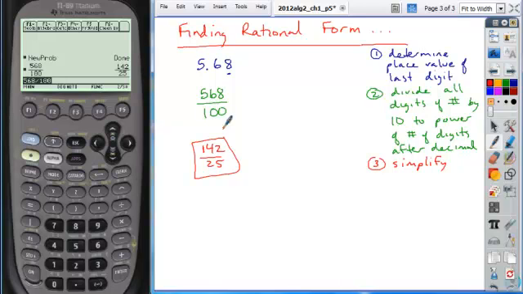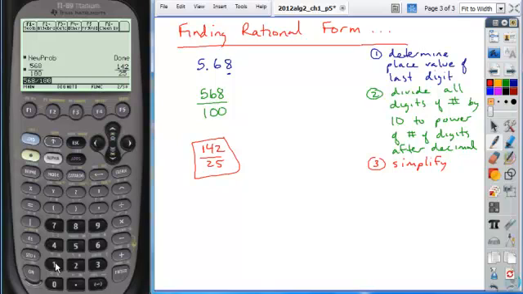Now, in order for you to confirm this, so let's say you're taking a quiz, you go through this process, and you're pretty sure 142 over 25 is your answer. Is there a way for you to be 100% sure that that's the right answer? How can you check your answer here using your calculator? Yeah, just find the decimal form of it, right?